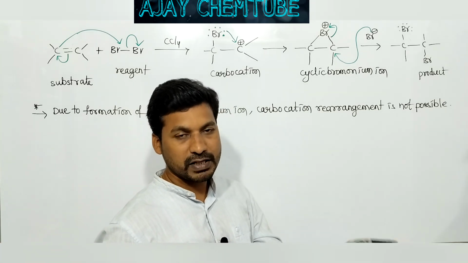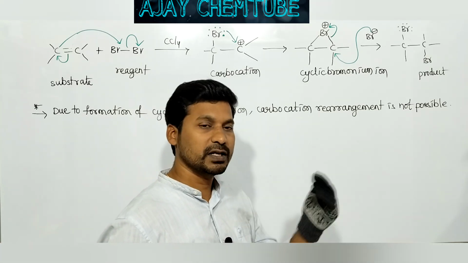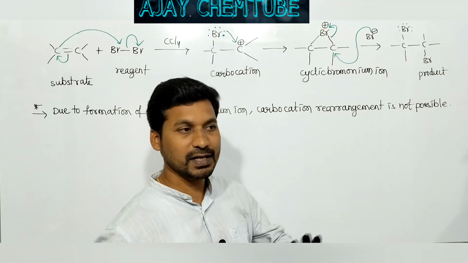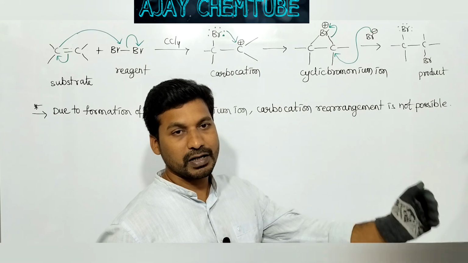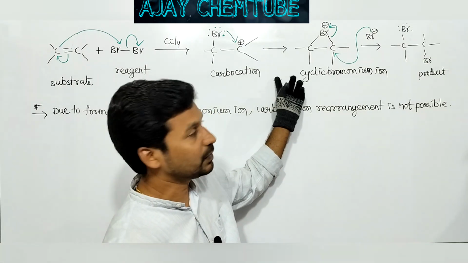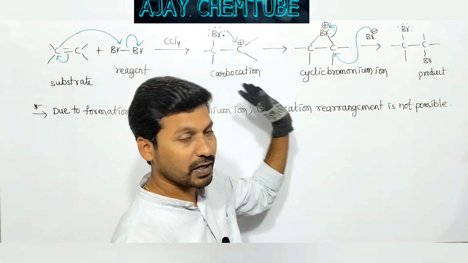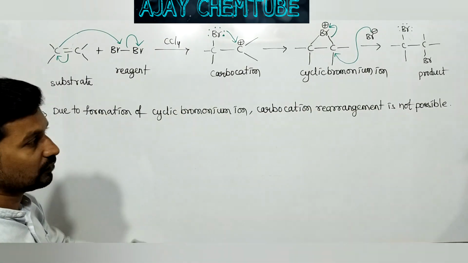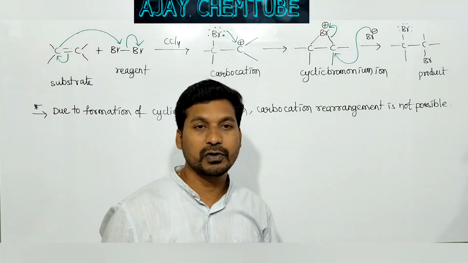If it is primary, there is a chance it becomes secondary or tertiary. Ring expansion or ring compression can take place. But here that rearrangement is not possible because cyclic bromonium ion formation takes place very rapidly. So this is about addition of bromine to alkene.